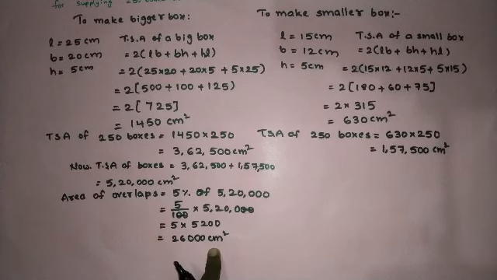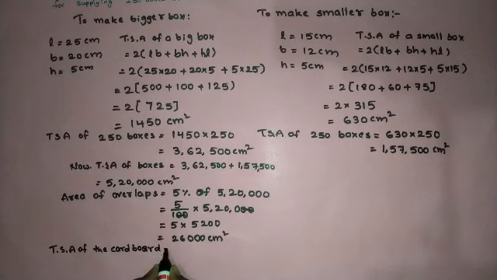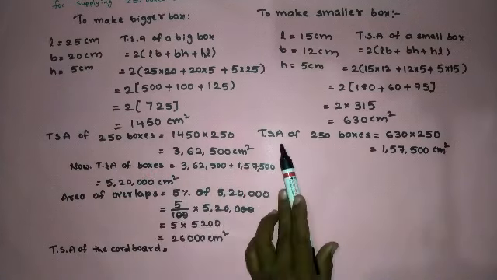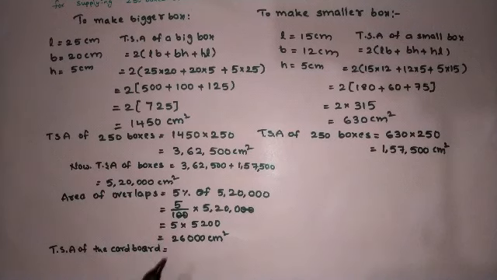Now total surface area of cardboard we require. Total surface area TSA of the cardboard equals total surface area of 250 big boxes and total surface area of small boxes plus area of overlaps, nothing but total surface area of both boxes, it is 5,20,000 plus 26,000 centimeter square.